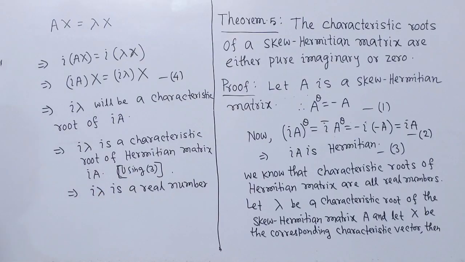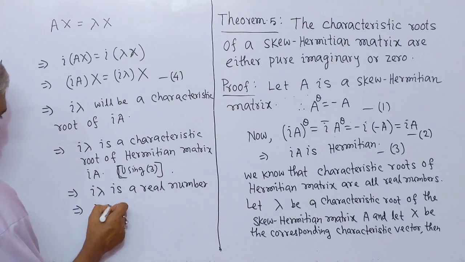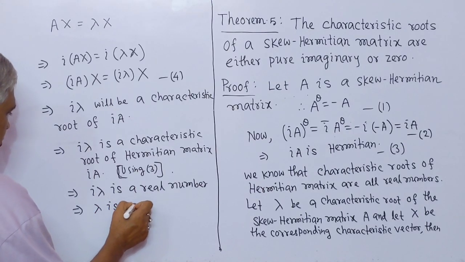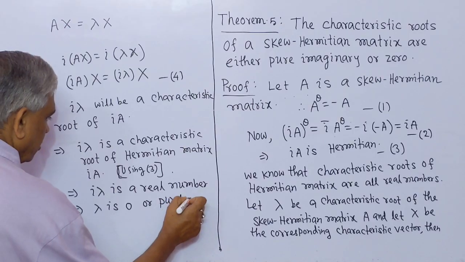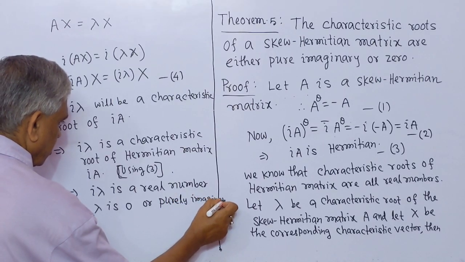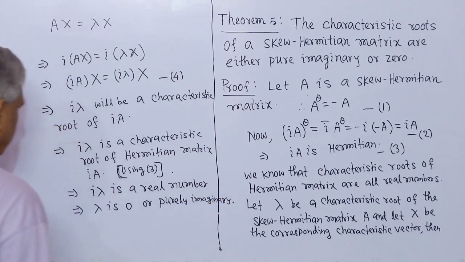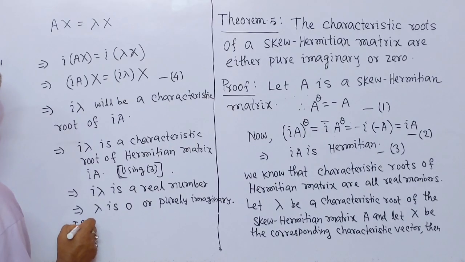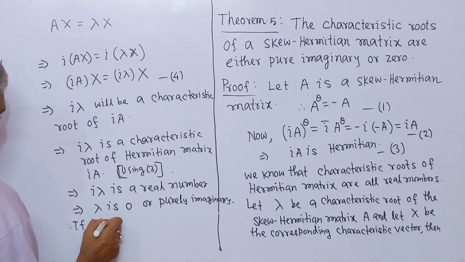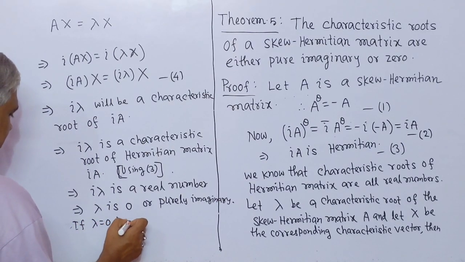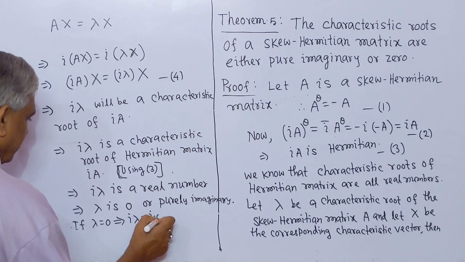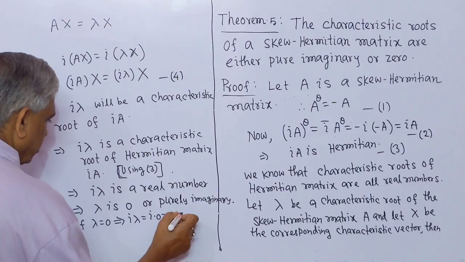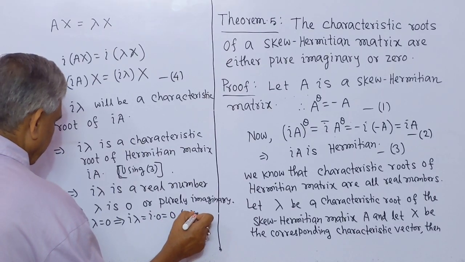This is real, which implies that lambda is 0 or purely imaginary. If lambda = 0, then i lambda = i multiplied by 0 = 0, a real number.